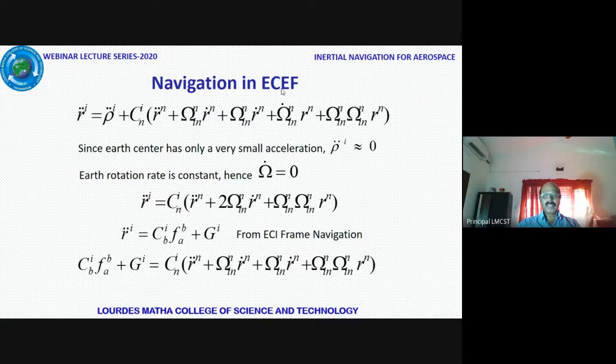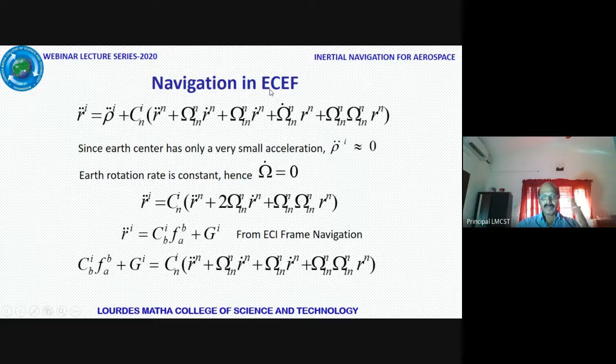It is called inertial navigation not because we are navigating in an inertial frame or non-inertial frame. It is called inertial navigation because the sensors used are inertial sensors, and that is why it is called inertial navigation, not because the coordinate system you are going to use is inertial or not.